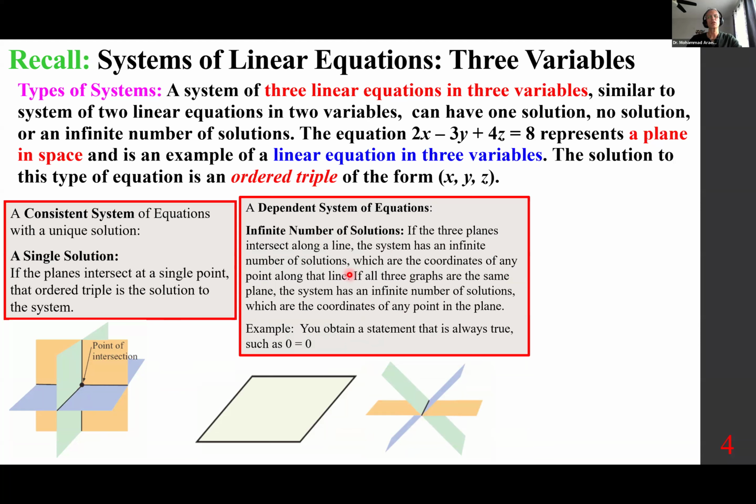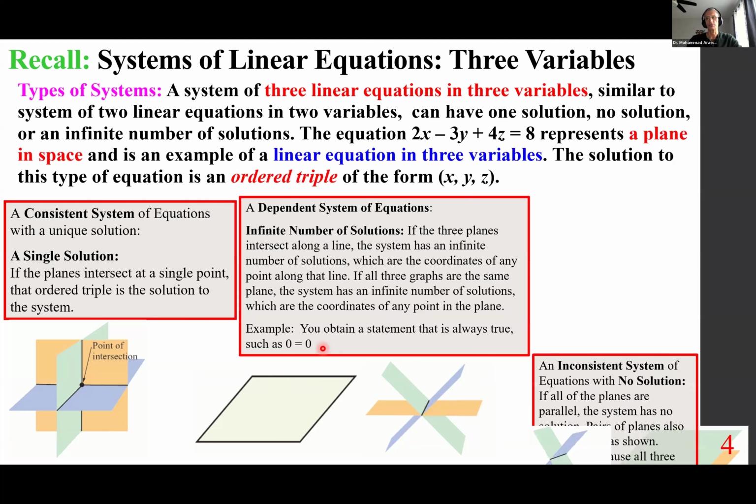The system has an infinite number of solutions, which are the coordinates of any point along the line. If all 3 graphs are the same plane, the system has an infinite number of solutions, which are the coordinates of any point in this plane. Example, you obtain a statement that is always true, such as 0 equals 0 if you go through the process.